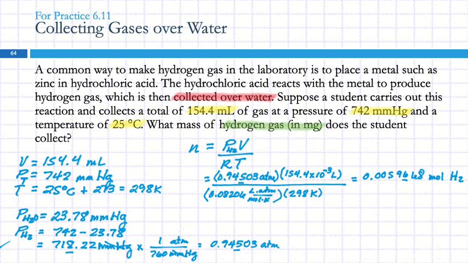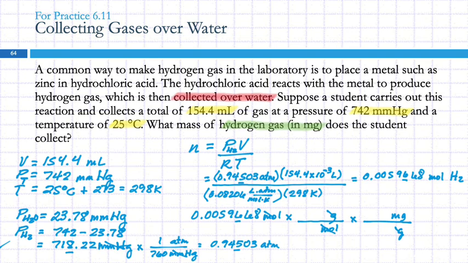So the mass then, 0.00596668 moles, and to find grams, I'm going to multiply by grams per mole. But then I need to do one more conversion factor, right? I need to get to milligrams. So I'm going to multiply by milligrams and divide by grams. And leave myself no place to answer.